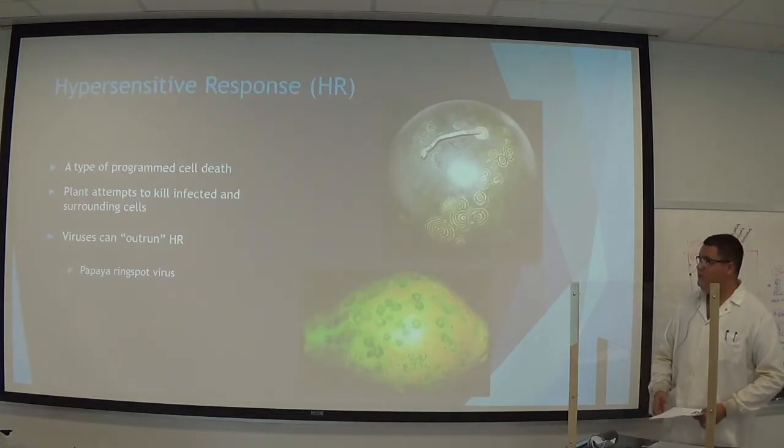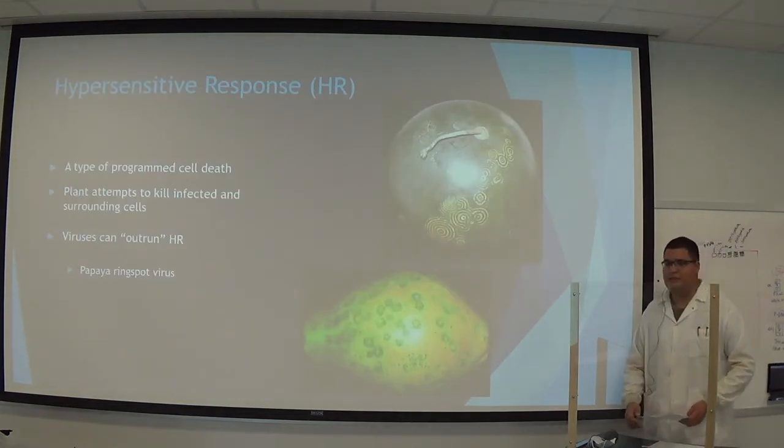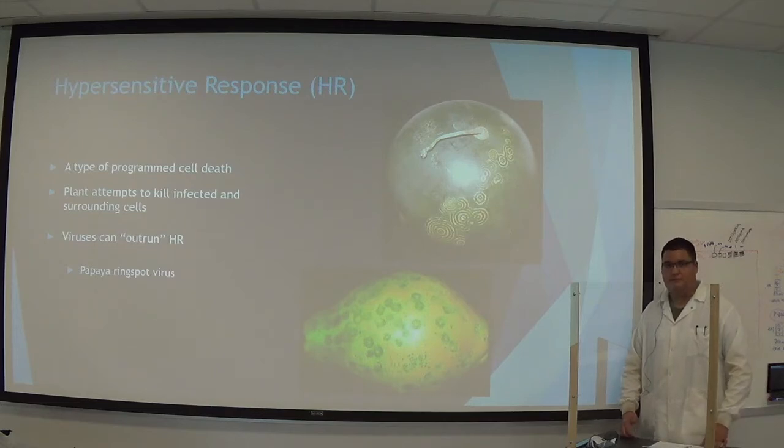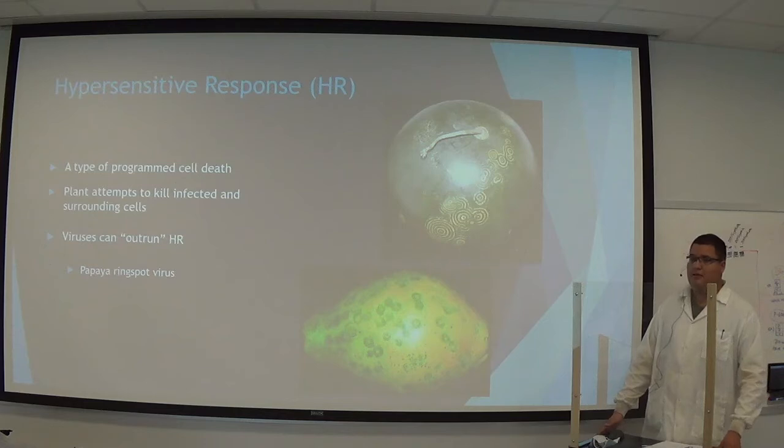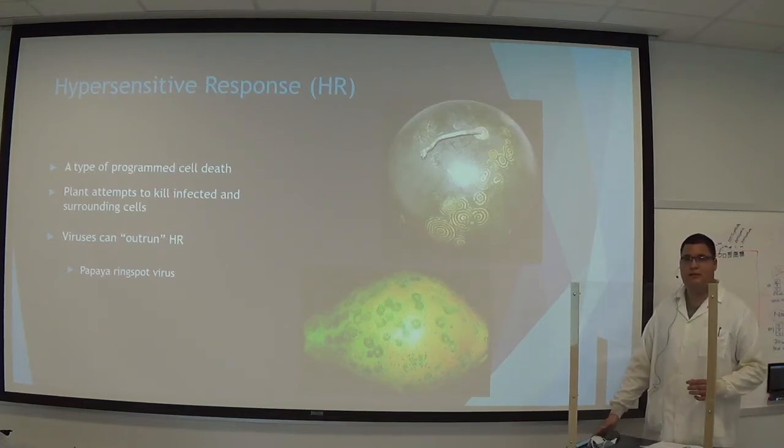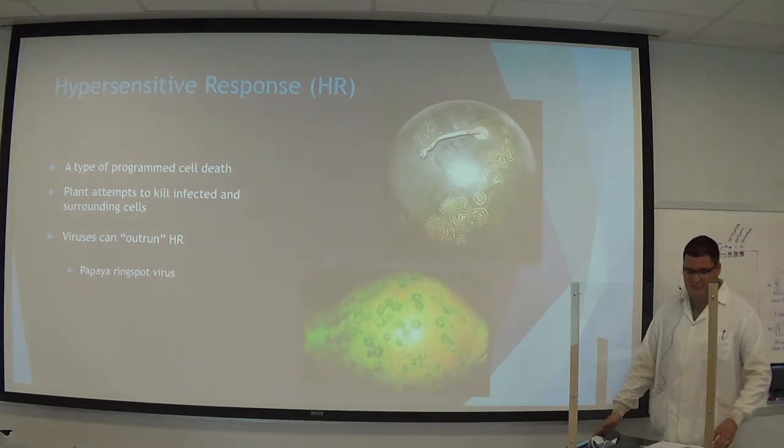This cell death response is called a hypersensitive response. It's a type of programmed cell death in which the plant host will detect the virus inside of one of its cells, and will kill that cell and sometimes even the cells surrounding that area.